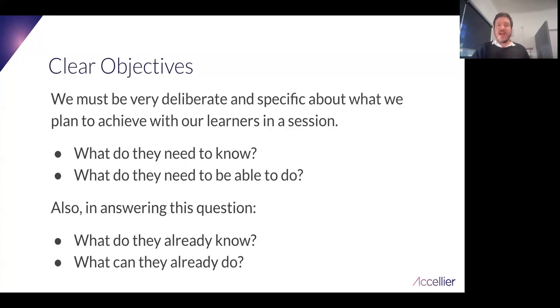It's all about having a very concrete, very clear description of what they need to know and be able to do. You can use verbs to describe that so that you can clearly and accurately describe the behaviors. So, what does that person look like when they're doing this thing? And we'll see some examples in a little bit.